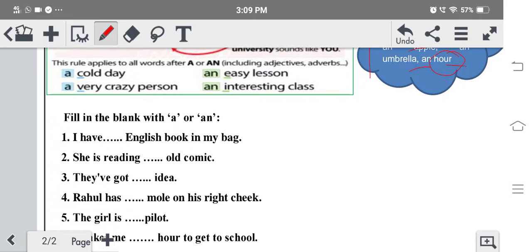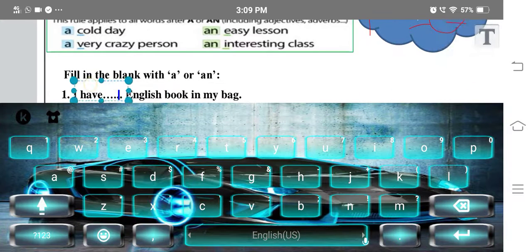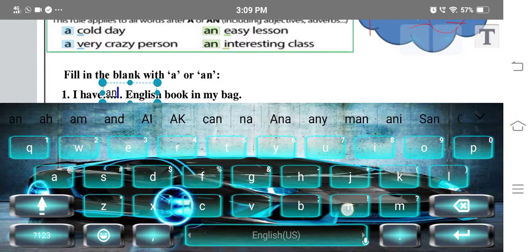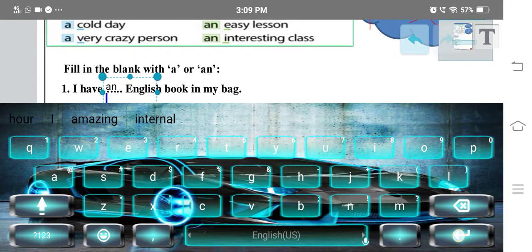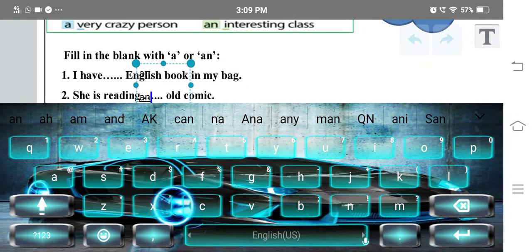English is a word starting with the vowel E. So I will say an English book, right? Then she is reading dash old comic. Old again starting with O. She is reading an old comic, right?